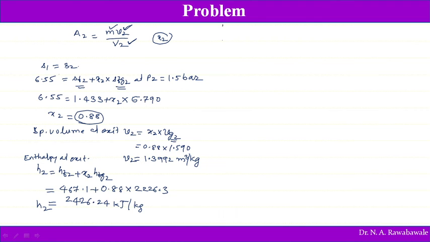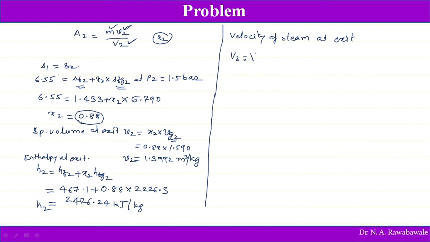Now once we know enthalpy, we can find out the velocity of steam at exit. V2 is equal to square root of 2 into h1 minus h2 into nozzle efficiency into 10 to the power of 3.